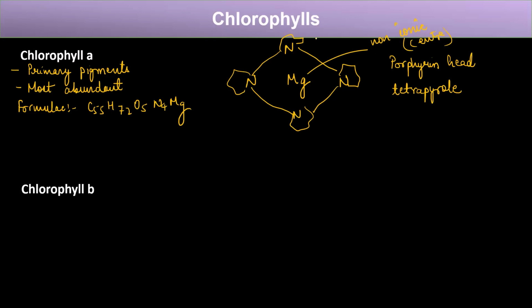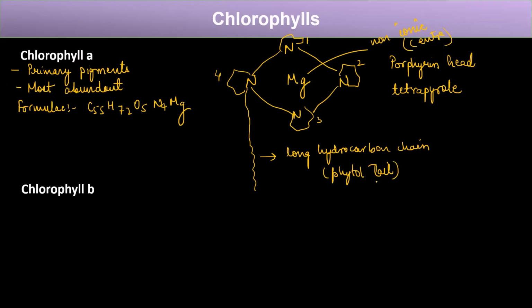The numbering of the pyrrole rings starts from here: 1, 2, 3, 4. Now, from the 4th pyrrole ring comes a long hydrocarbon chain, and this chain is known as the phytol tail.